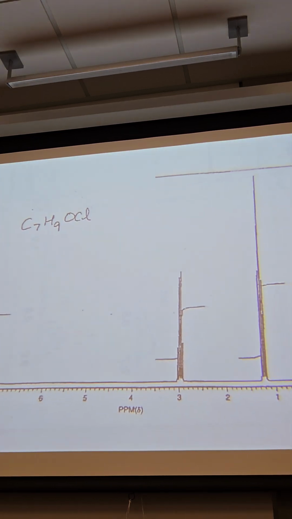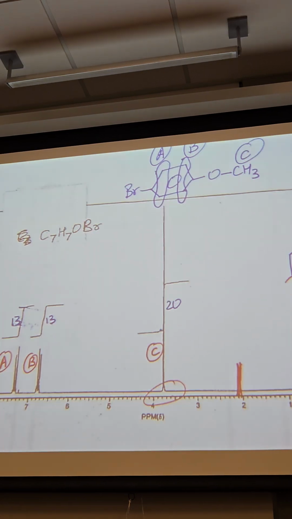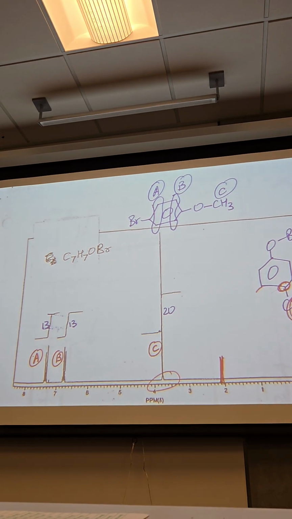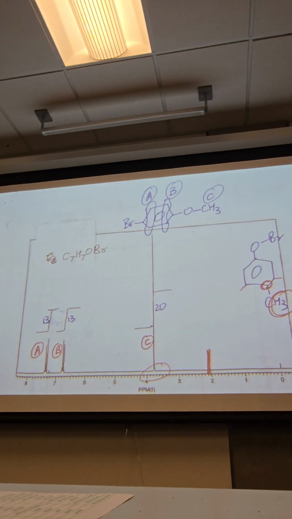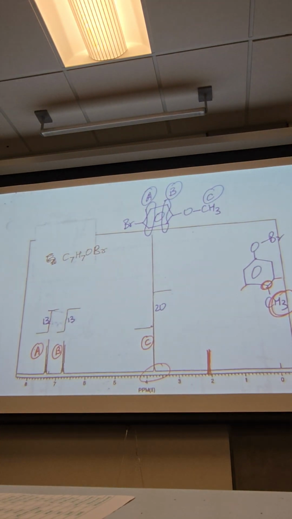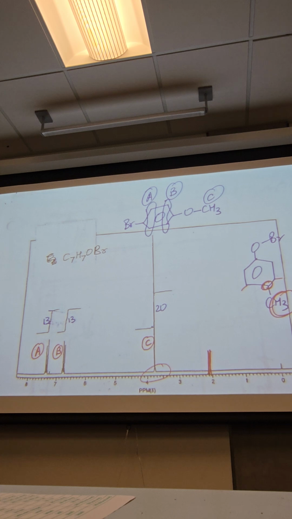Back to the other one, when I said which one would be which, if A would be closer to bromine or if B would be closer to oxygen. Could you also say that just because of the positions, B is closer to the peak of the CH3?